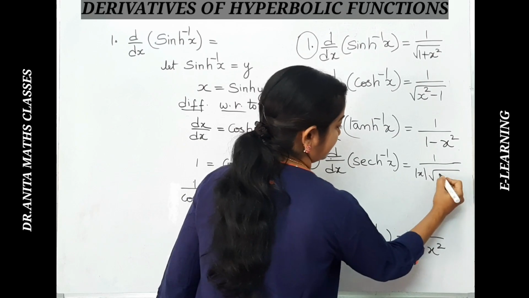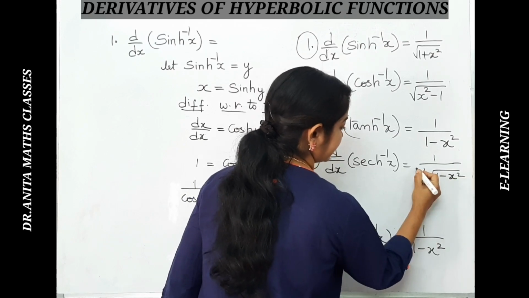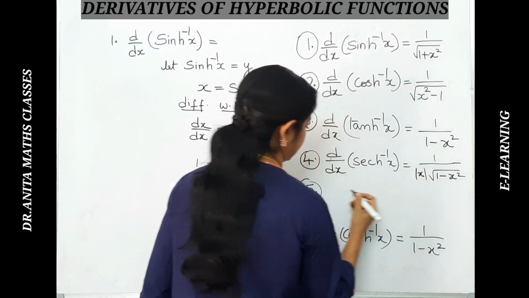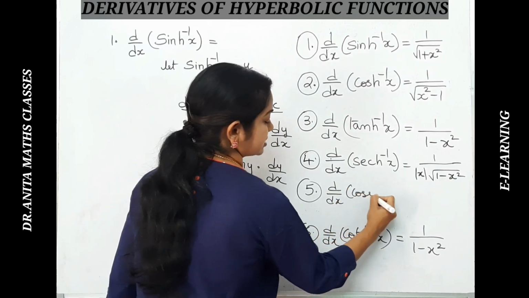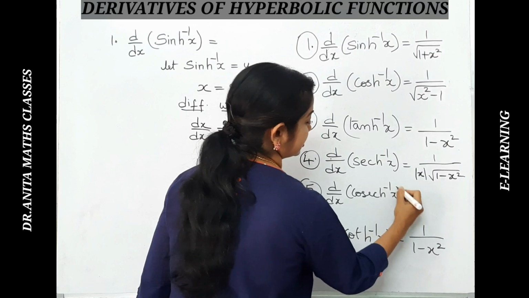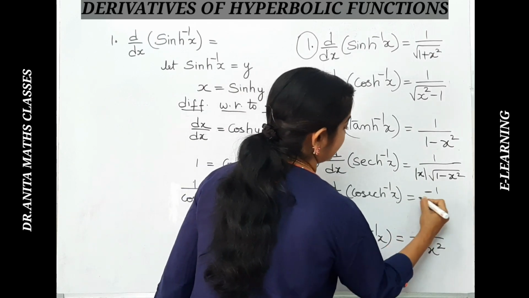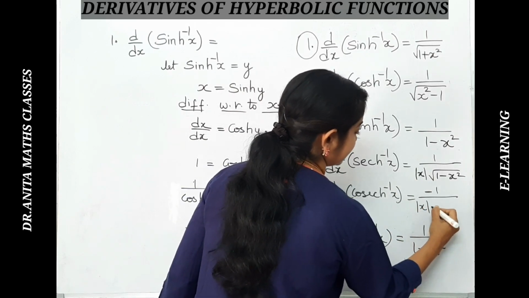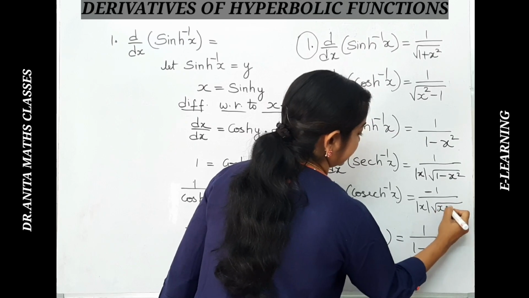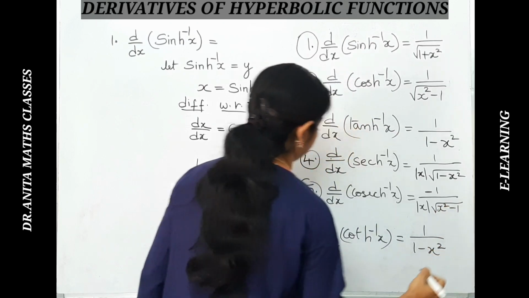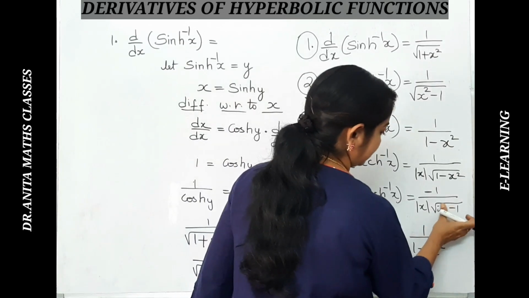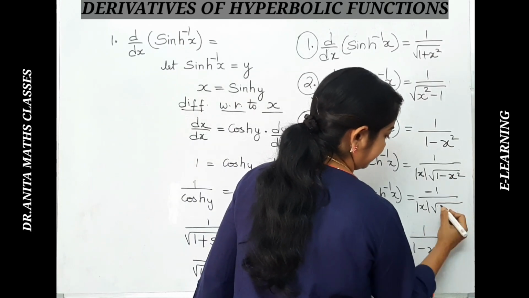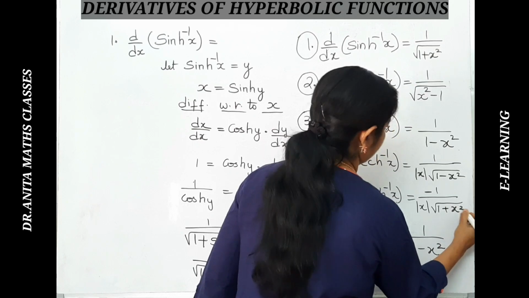Oh sorry, this should be 1 minus x square. This is mod x. And d by dx of cosecant h inverse of x is equal to minus 1 upon mod x under root 1 plus x square. Let me check here. Yes, that is 1 plus x square for this.